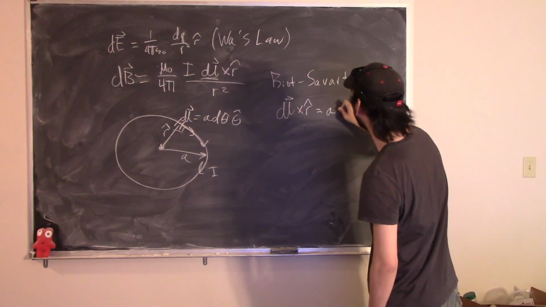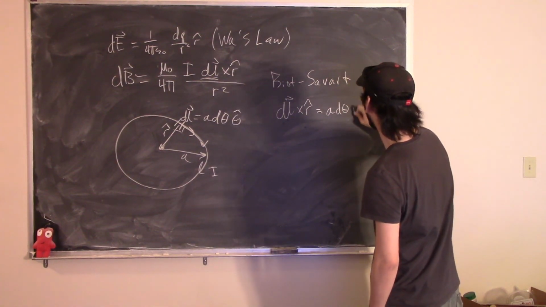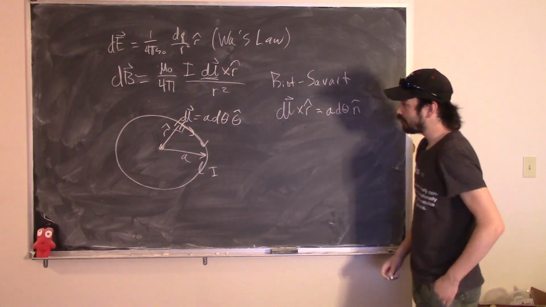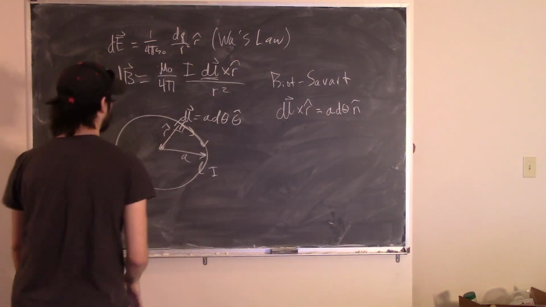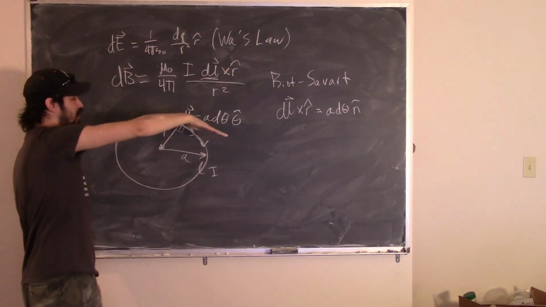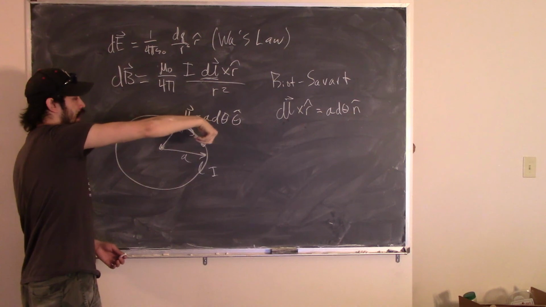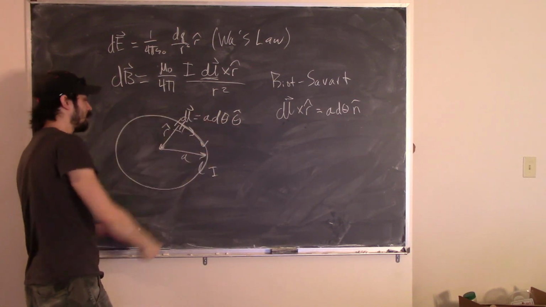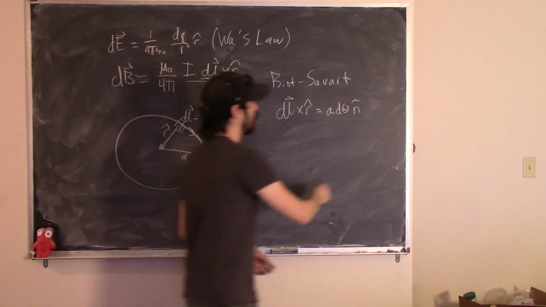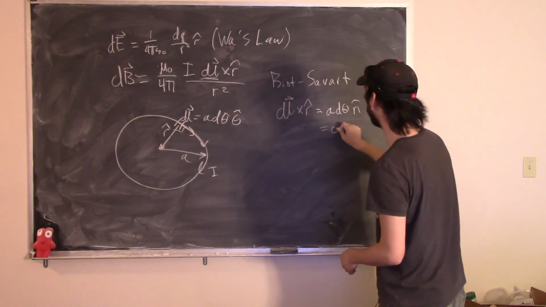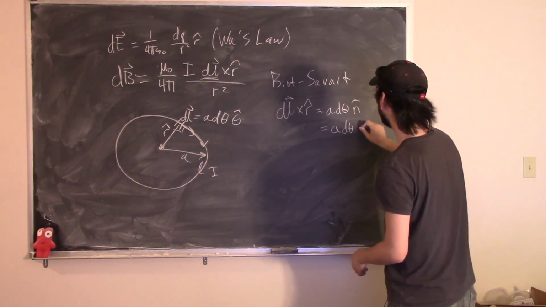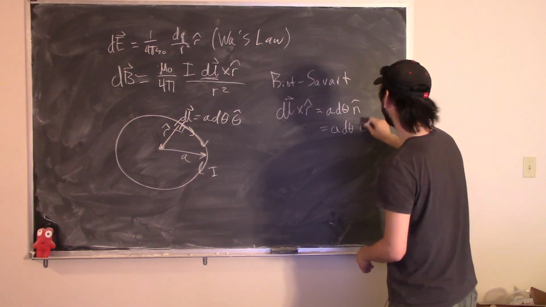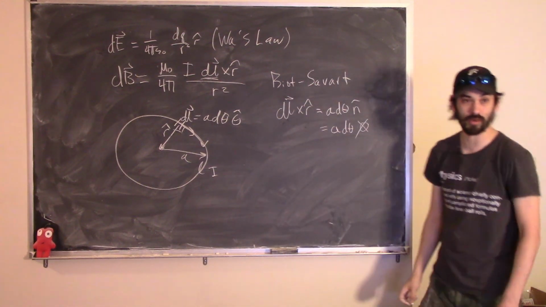And so that says that this is a d theta times our n hat. Now to find n hat, all we need to do is point our fingers in the direction of dl and then curl them into the direction of r hat. And that's going to say that this is going to be pointing into the board. So this is a d theta times some vector that goes into the board. Okay?